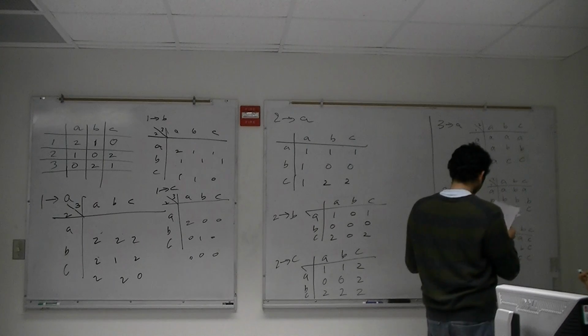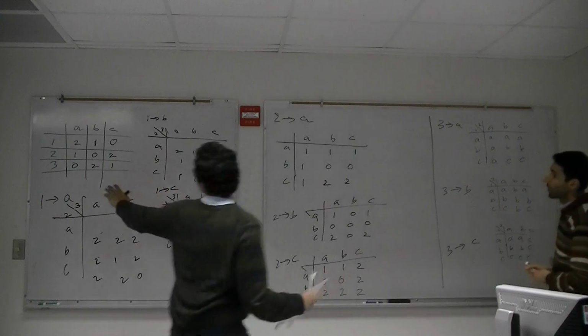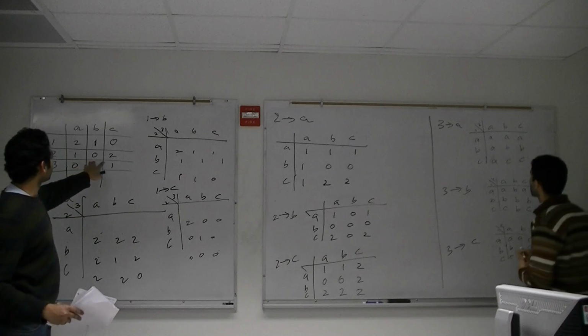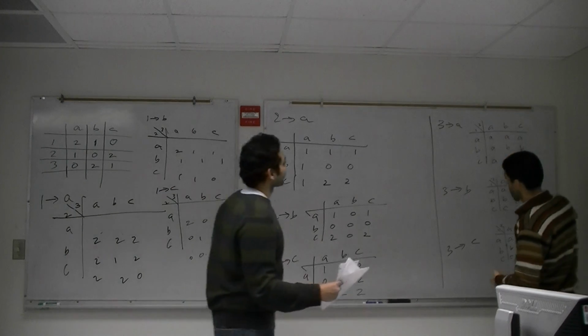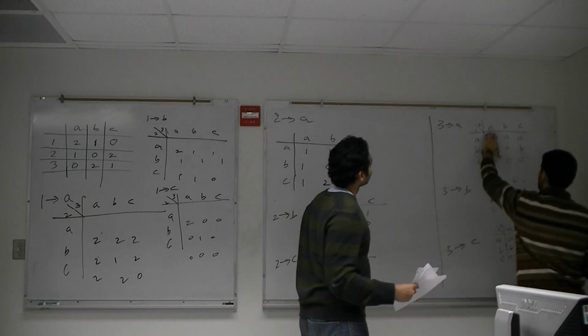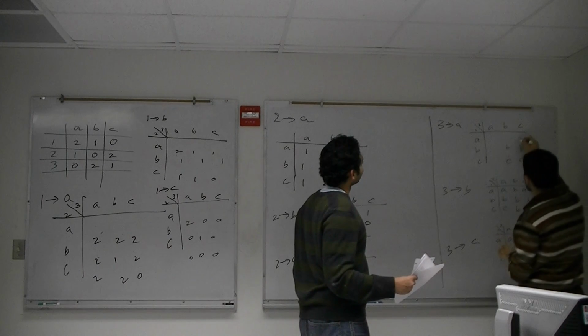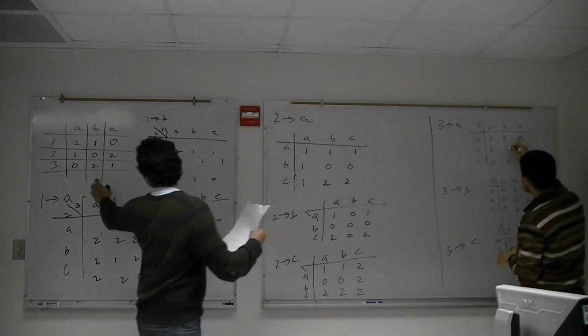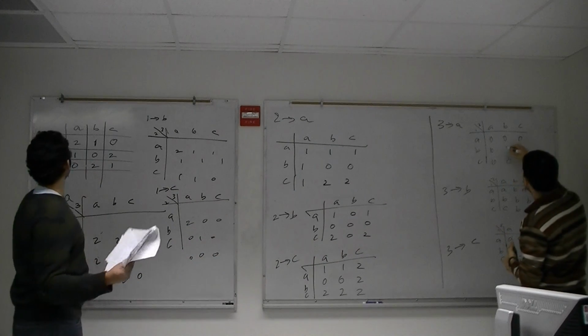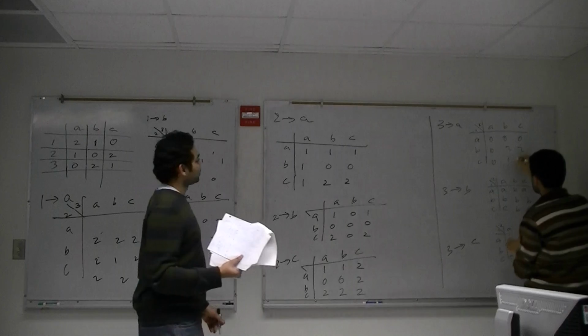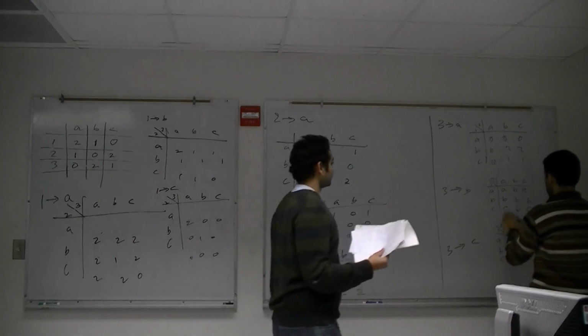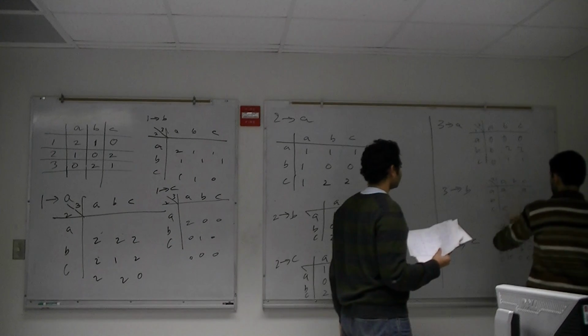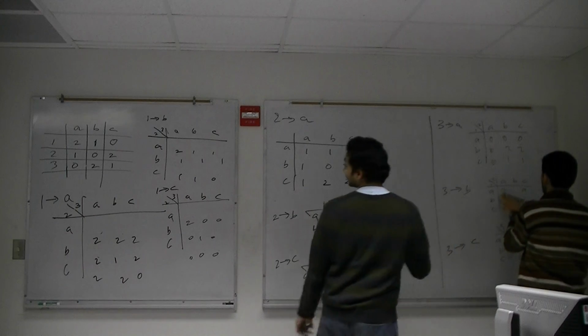A is equal to 0, B is equal to 2, C is equal to 1. B is equal to 2. B equal to 2.